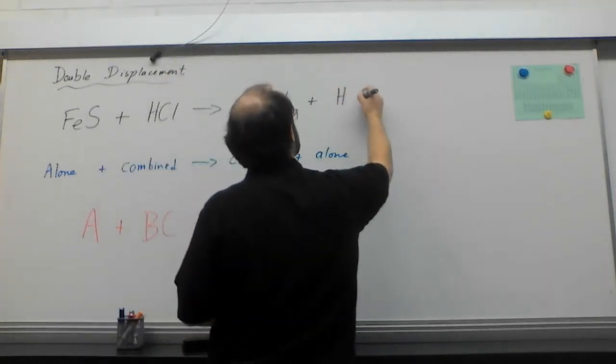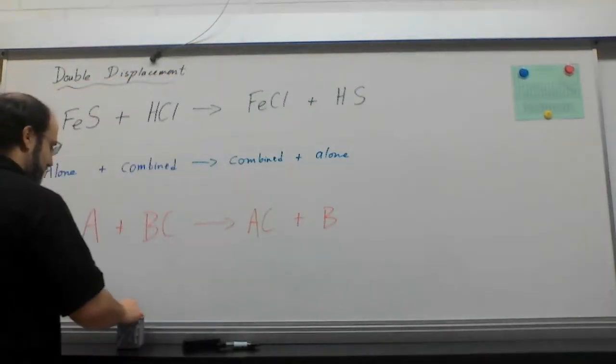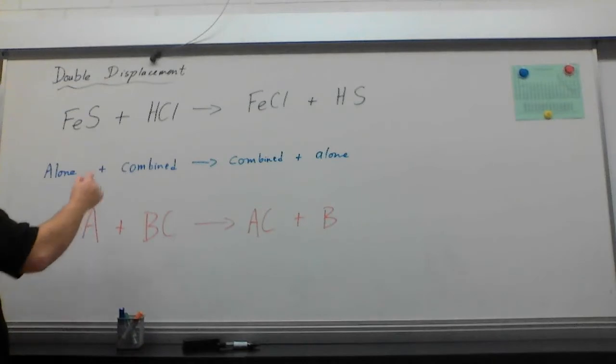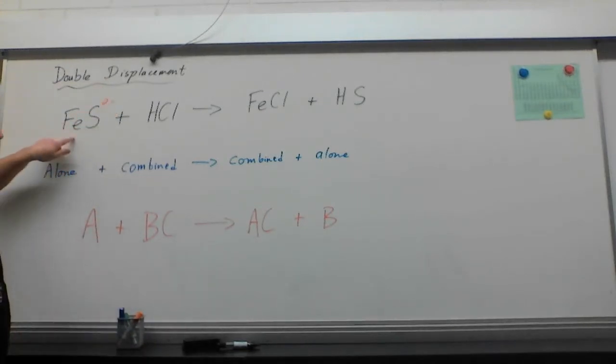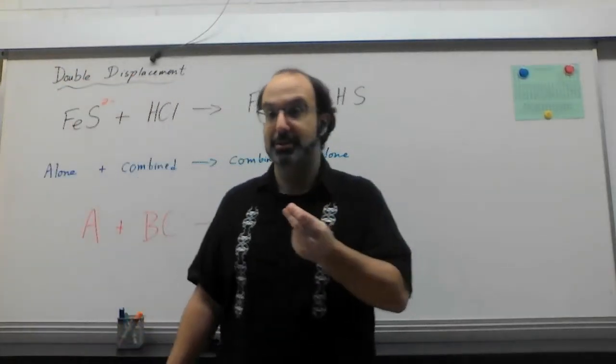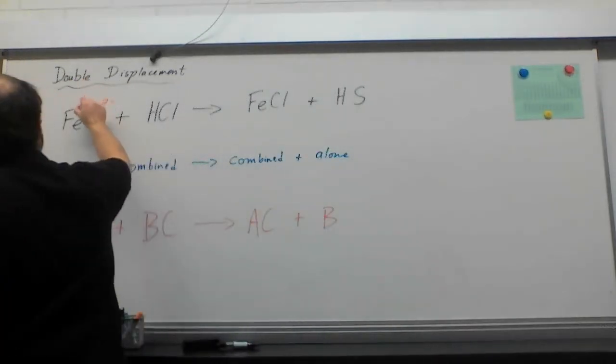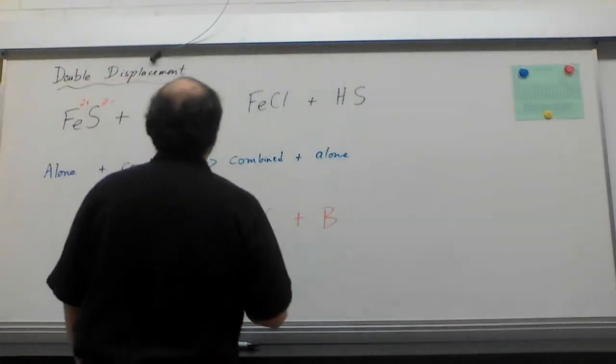Yeah, hydrogen sulfide. Now, we got to check all our charges, though. We got to make sure this lines up. Sulfur, of course, is 2 minus. It's always 2 minus, which means that we know what the iron is, right? The iron has to fit. There's one of each, so the iron has to be its equal opposite. So this is iron 2 plus.